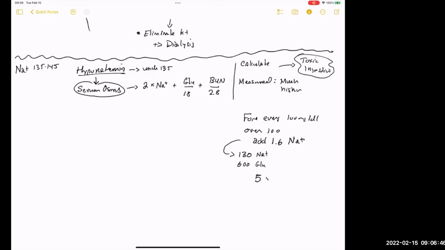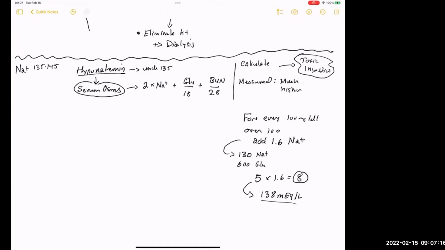So what I do is I do 5 multiplied by 1.6, and that equals 8. So I need to add that to the sodium, and that gives me a sodium of 138 milliequivalents per liter. So their sodium is in fact not low. There is a falsely low reading on the lab.